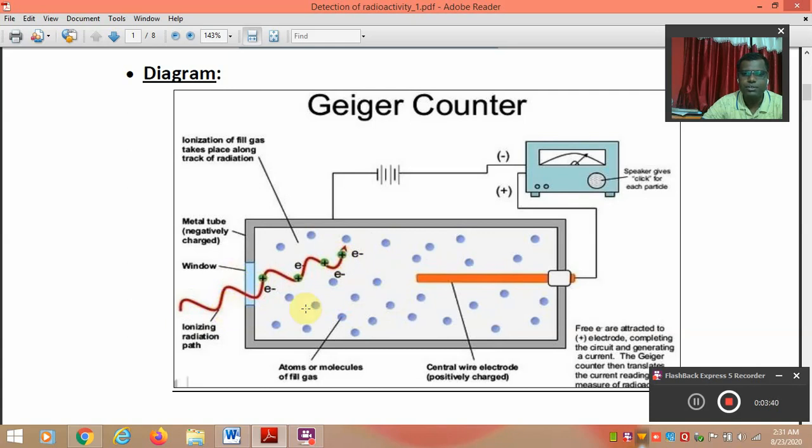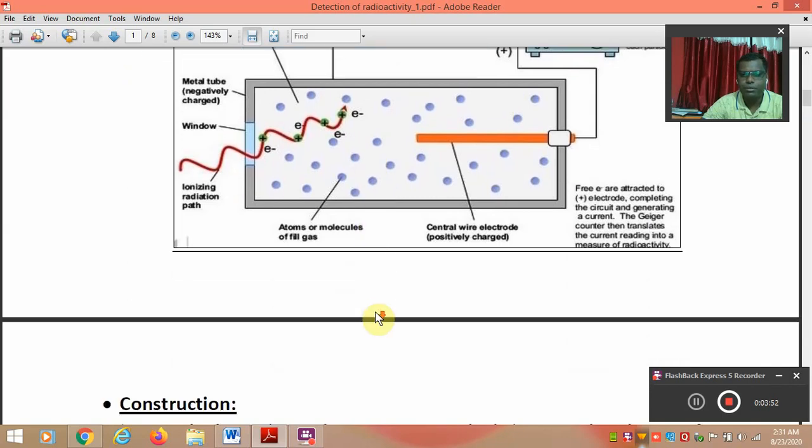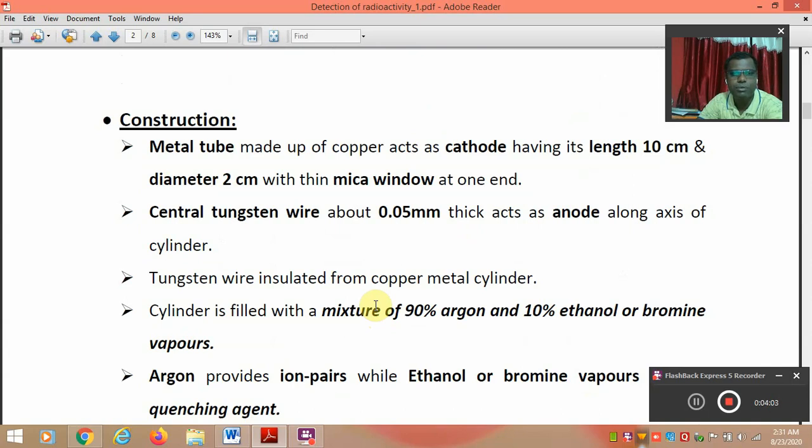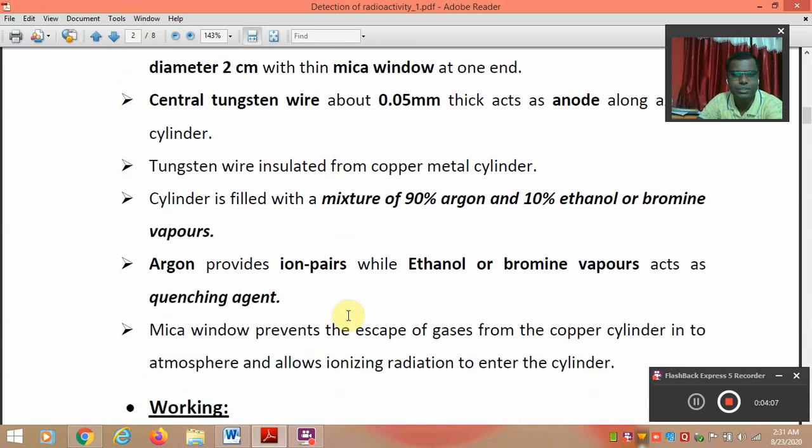This is the characteristic of the mica window that we discussed in the previous lecture, and this is the readout device which is used to count the magnitude of current. So dear friends, today in this lecture we are going to discuss the actual working of this Geiger-Counter, how it works. This is the construction that we discussed in the previous lecture.